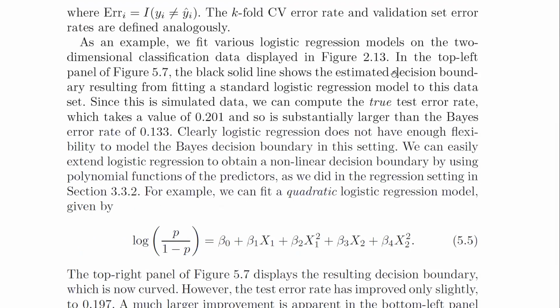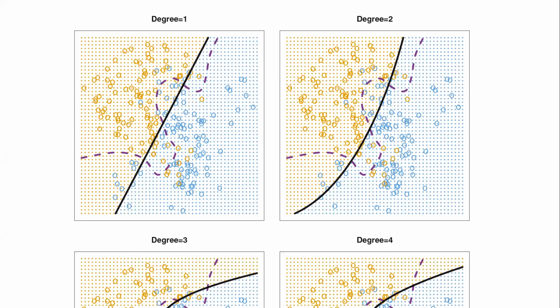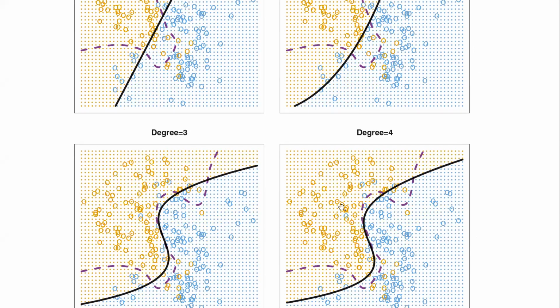In the top left panel of figure 5.7, the black solid line shows the estimated decision boundary. Degree 1, that's why it's a line, whereas when we move on to the other 3 diagrams, we're going to look at a quadratic decision boundary, a cubic, and a quartic.